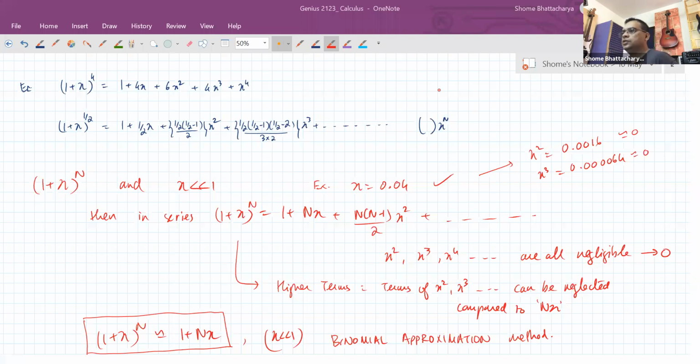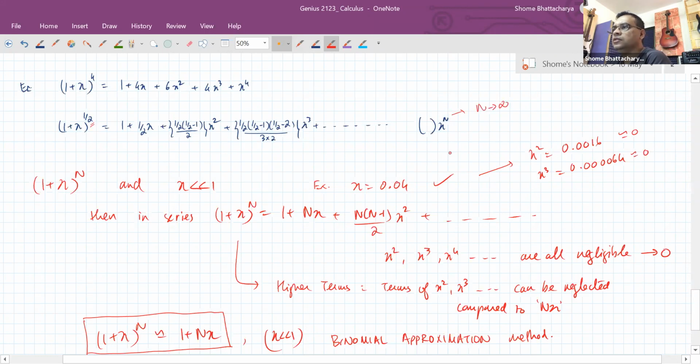Sir, above that, for (1 + x) to the power half, you have written it goes on till x to the power n. How does n work there? See, what will happen here is that in your power series, you should not confuse the value of this n with this one. This value is half, and this is like n tending to infinity.